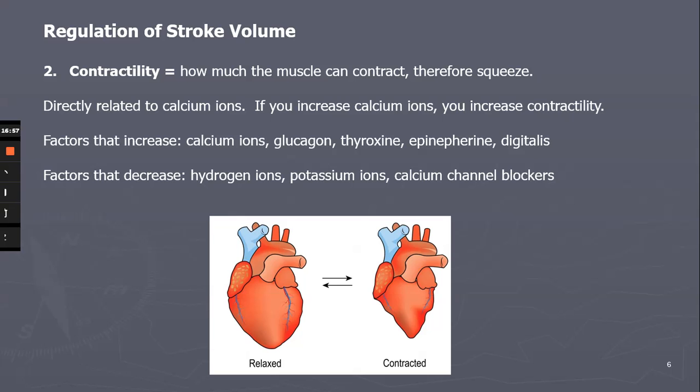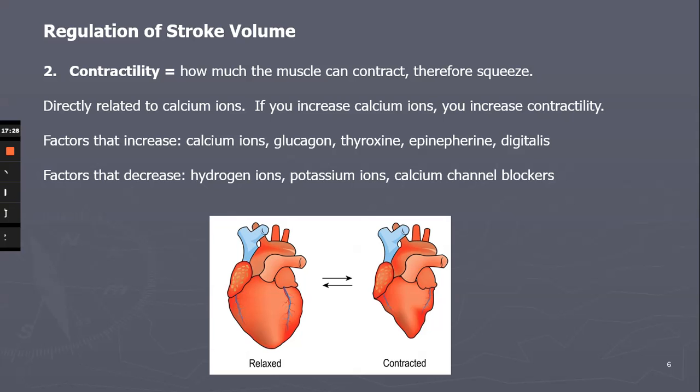So those are factors that increase calcium ions, but some other molecules can do it as well. Glucagon will do it. Thyroxine. Epinephrine. Another name for epinephrine is adrenaline. Sometimes, if the heart is just not contracting enough, in emergency medicine, a shot of epinephrine or adrenaline right around the heart is going to get the heart to contract really hard.